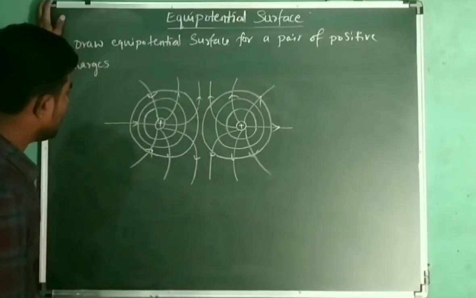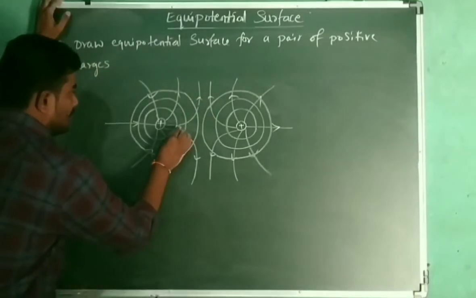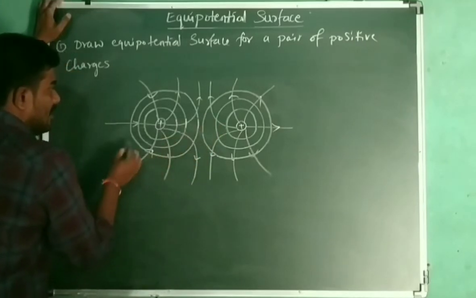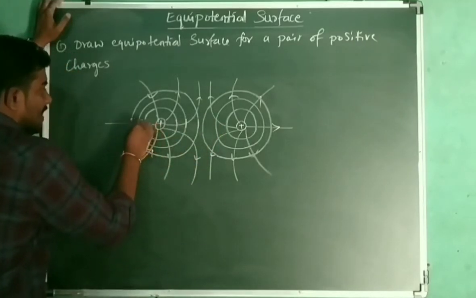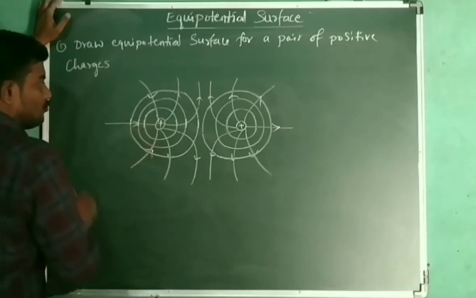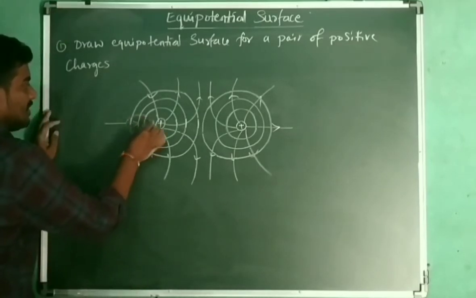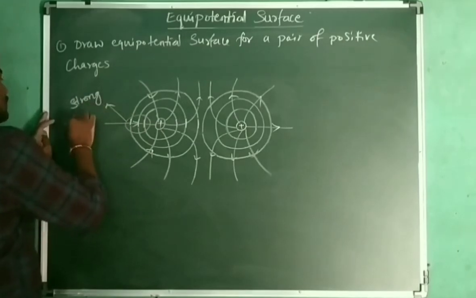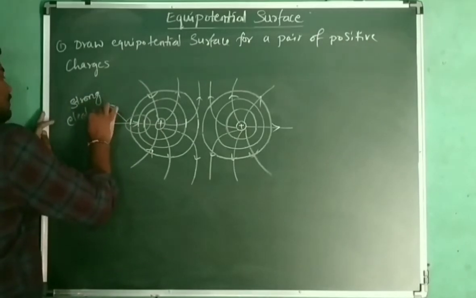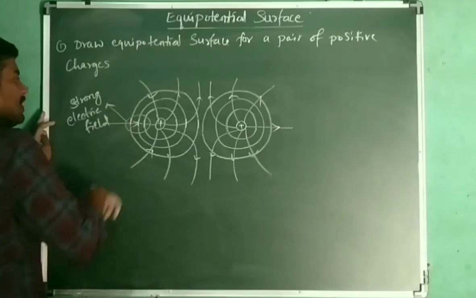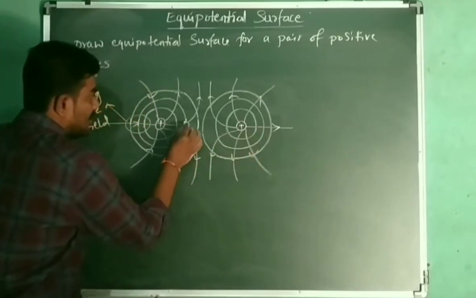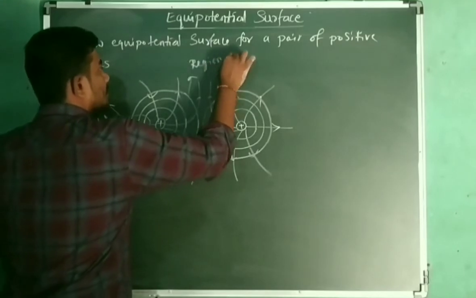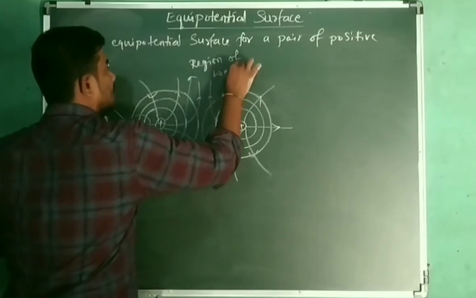You can observe here at these locations the equipotentials are a little further apart, and at this location the equipotentials are very close to each other. It means this is a region of strong electric field, and this location is a region of weak electric field.